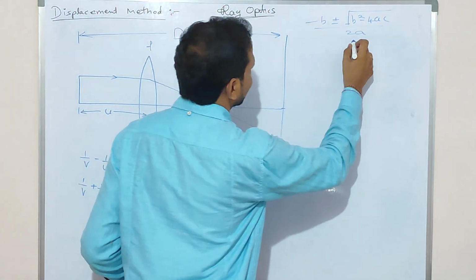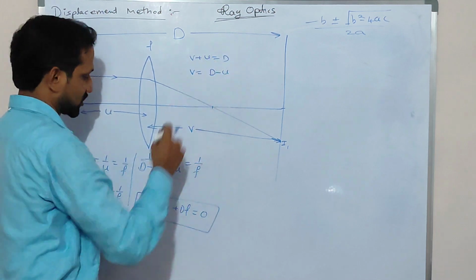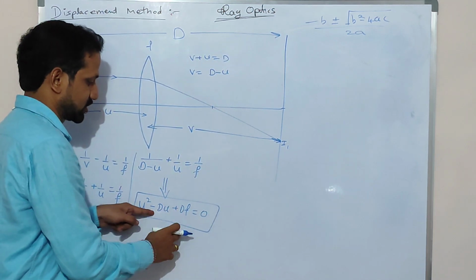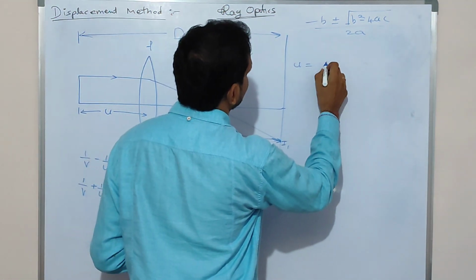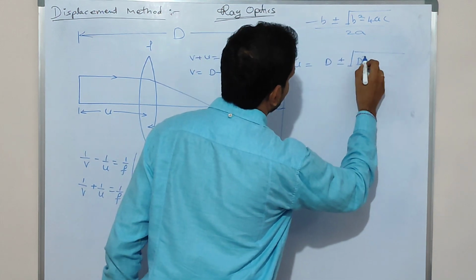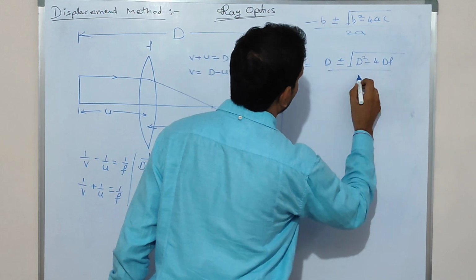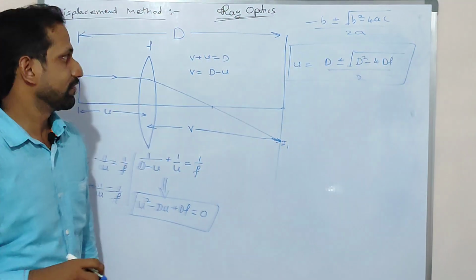If you substitute these parameters, here a is 1, b is minus d, c is plus df. So we can write that u equals d plus or minus under root of d square minus 4df, whole divided by 2.